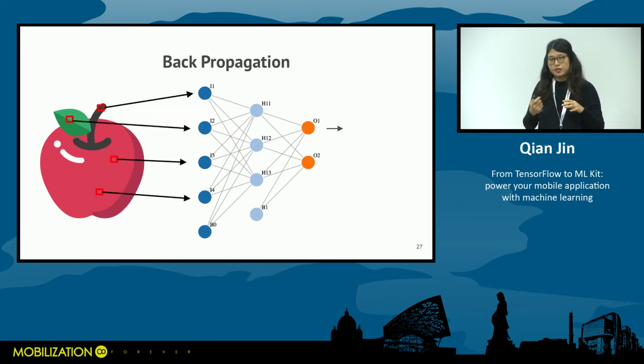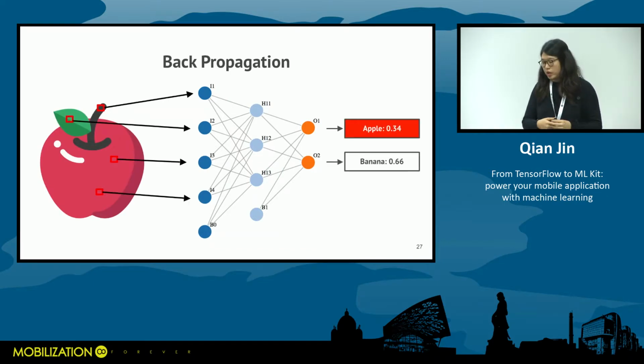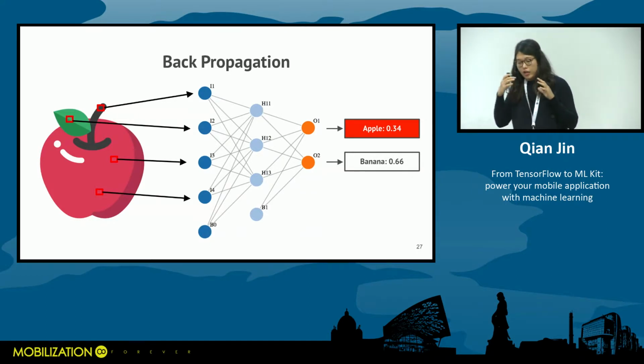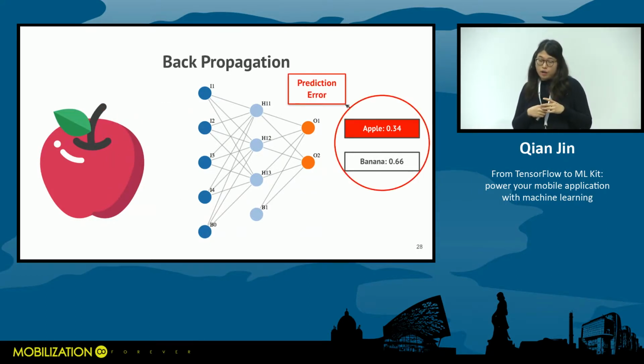We're going to feed some images to the neural network. Of course, since it's a randomly initialized neural network, it won't be able to predict the object correctly. So it would say, I don't think it's an apple, I think it's something else. So that's how we learn from the errors. We're going to just tell the neural network, no, it's actually an apple. You should update your weights comparing to the result.